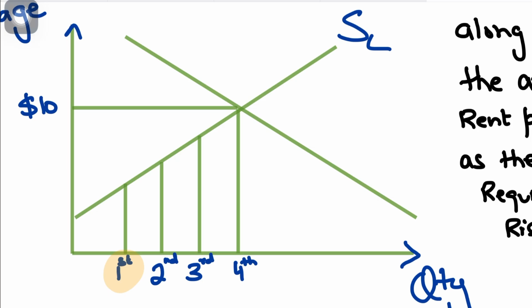However, to attract additional workers into the industry, firms must persuade people who have increasingly attractive alternatives. So, for example, if I want the third worker, that third worker is already earning a lot somewhere else. So I need to at least pay him $9 to get him to work for me.